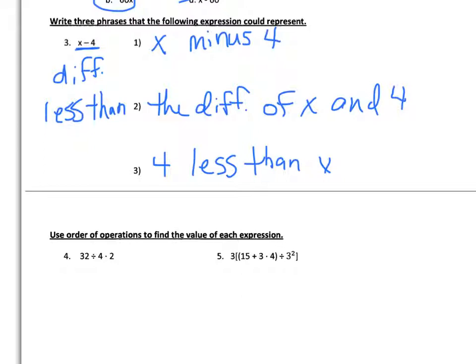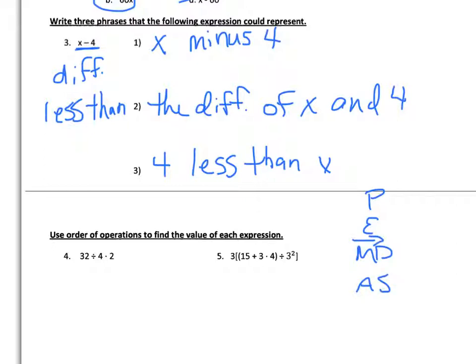Number 4, use order of operations to find the value of each expression. So what this is going to refer back to is our order of operations, which is PEMDAS. The important thing that we learned this year is that she wants us to write it vertically, writing the multiplication and division and addition and subtraction.